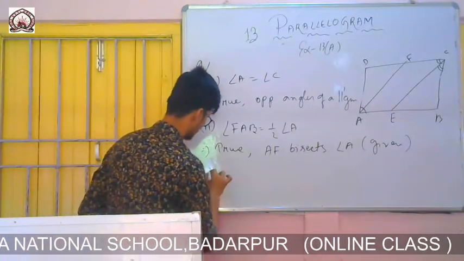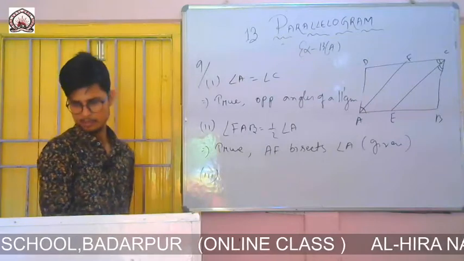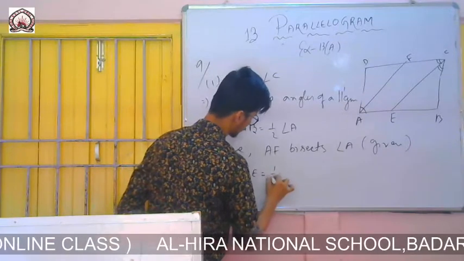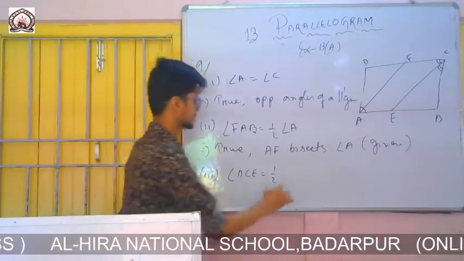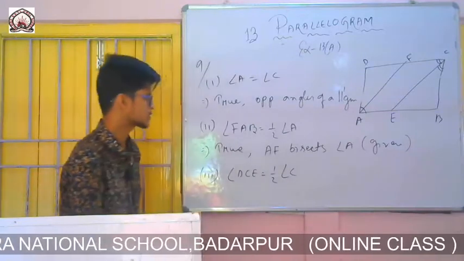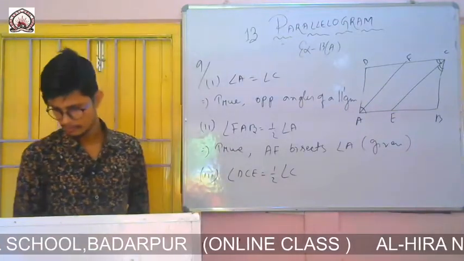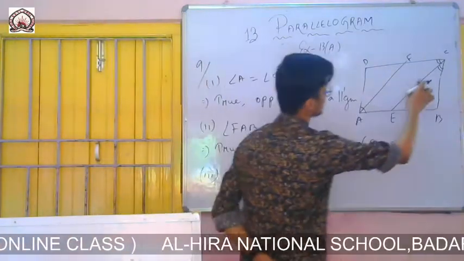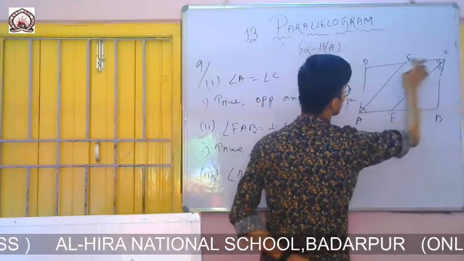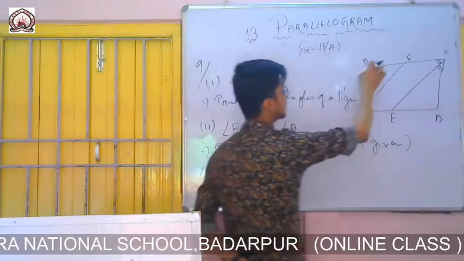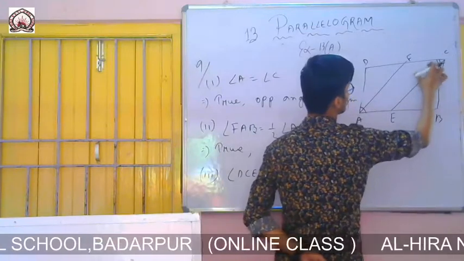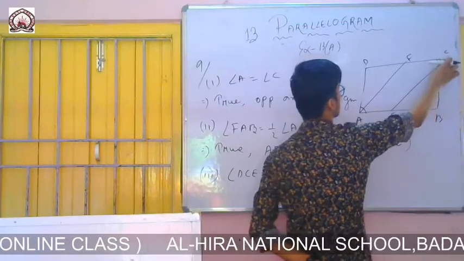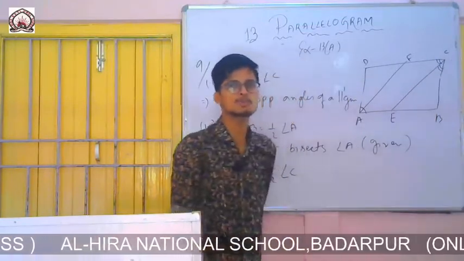Now Roman number 3. The question is angle DCE equals half of angle C. This one will also be true. You see, DCE, this angle is half of angle C. Yes, this is correct, because in the question it is given that CE bisects angle C into two equal parts.